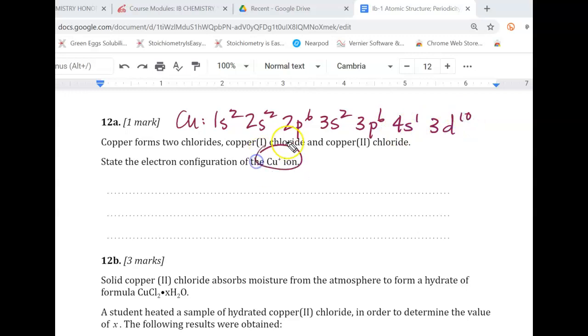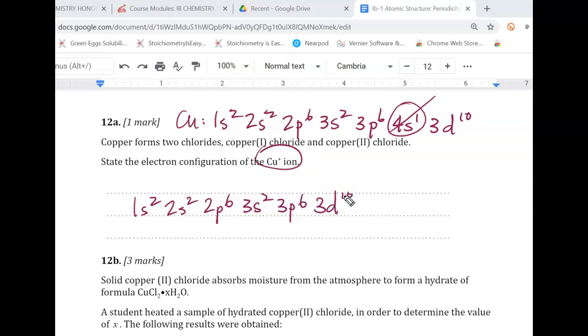However, we're doing the copper 1+ ion, so you should show 1s2, 2s2, 2p6, 3s2, 3p6, and we should end with 3d10, just like that. That means that electron is taken away. If you didn't get that one right, it's because you took off the wrong electron or forgot that you were supposed to take off an electron at all.